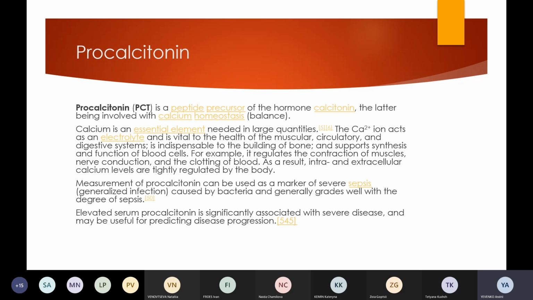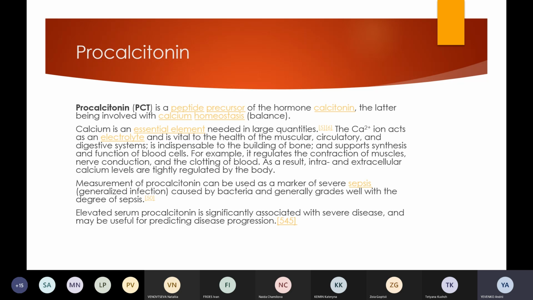For example, sepsis and generalized infection cause procalcitonin to be increased. So this is also an important test, and your physician will know why he orders it. Usually it will be increased during bacterial infections, or severe viral infections, especially with the addition of bacterial infection.